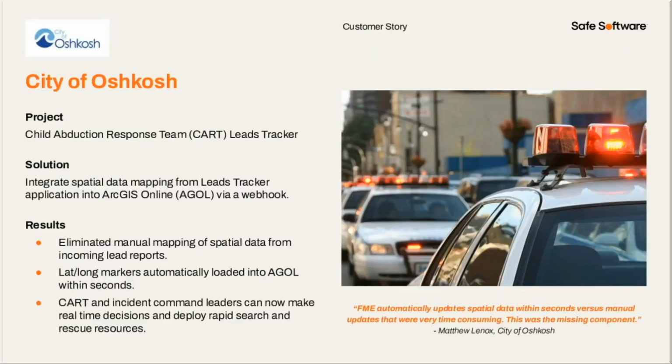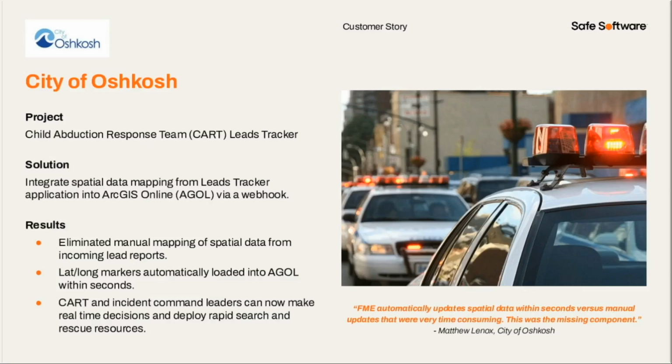Now, let's talk about some real-life success stories. So first, let's talk about the city of Oshkosh. This is a real-life example where the city of Oshkosh needed to integrate their data into their child abduction response team leads tracker application. So they're taking data from a webhook and automatically pushing that to ArcGIS Online. Before, this was a manual process, so an individual would have to go in and manually update this leads tracker.